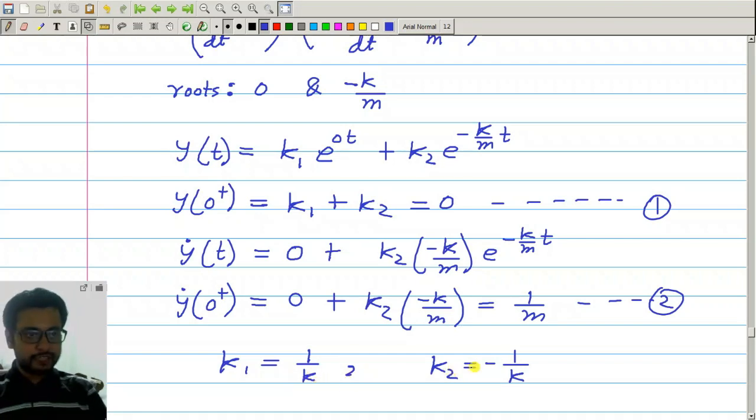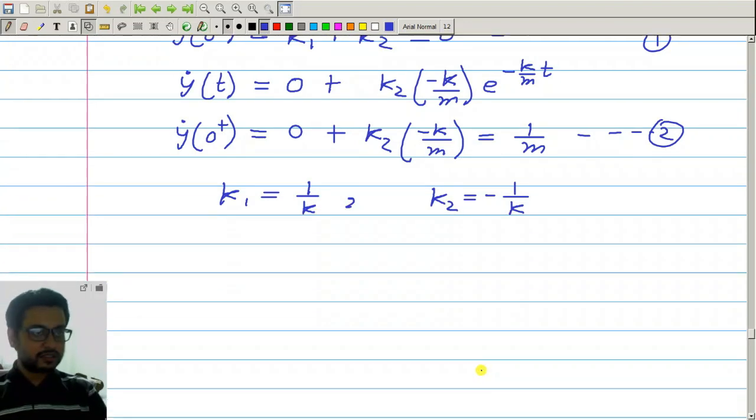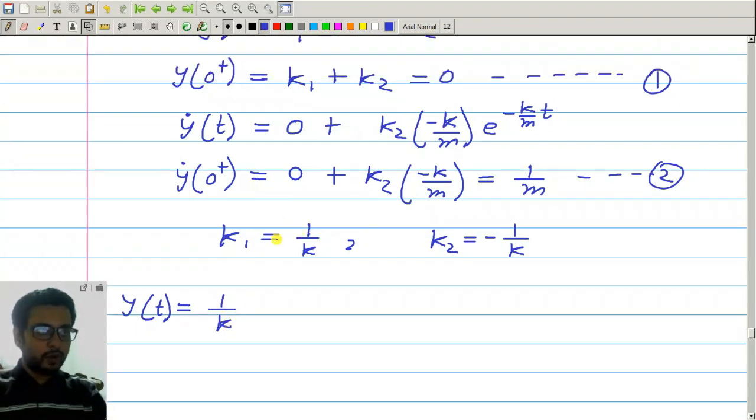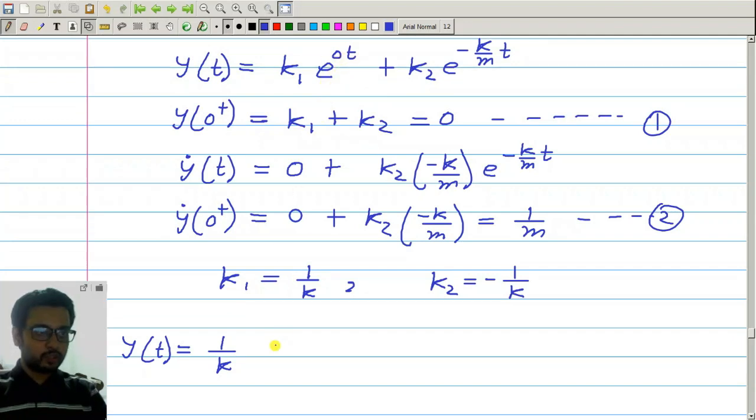k is the viscous constant. So the final solution is y(t) is equal to 1 over k e to the power 0t, that means 1, plus k2, which is minus 1 over k e to the power minus (k by m)t, which you can also write by taking 1 over k common.